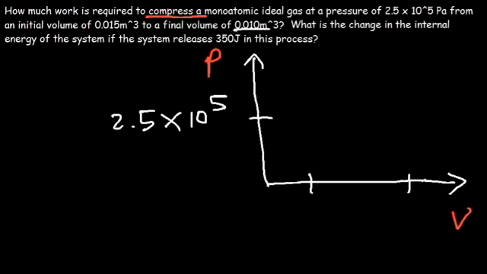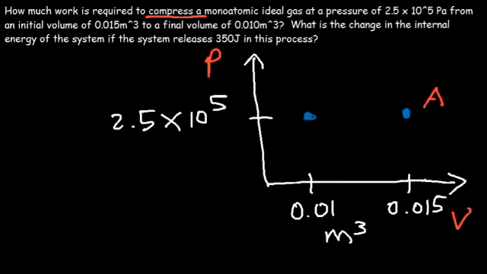The lower value is 0.01 and the higher value is 0.015 cubic meters. Because the gas is being compressed, we're going to start at the higher value and travel towards the lower value. Let's call this position A and position B. So we're going to travel from A to B.